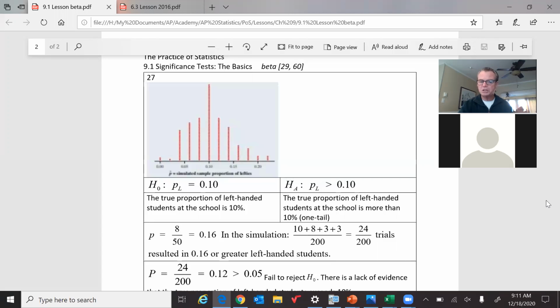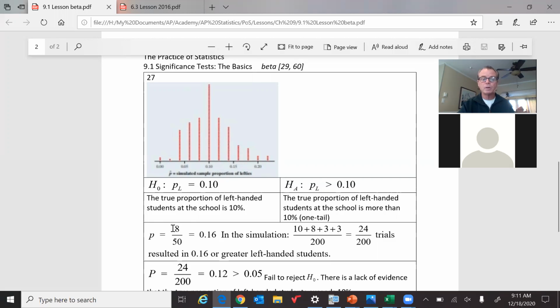So you have this simulation here, and the simulation is based on 10% lefties. Okay, so they did 200 trials, okay? And they're each 50 students.